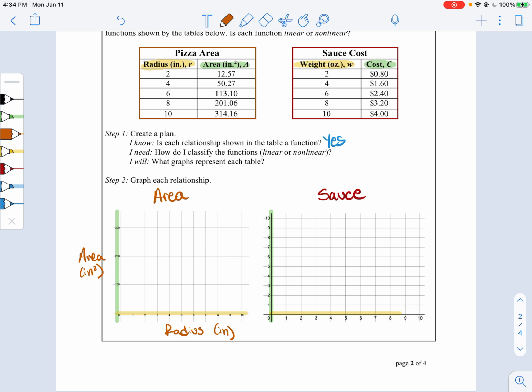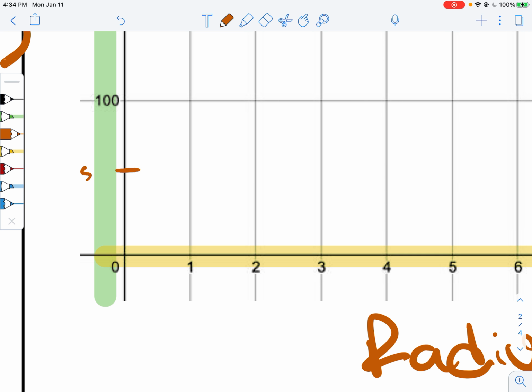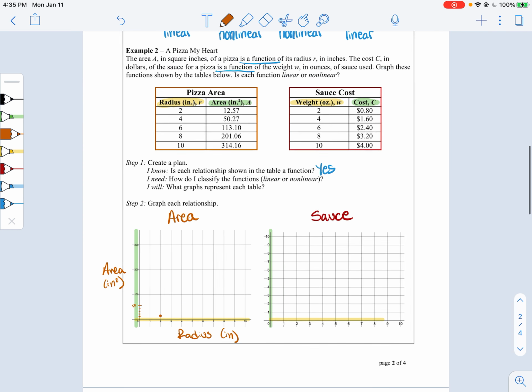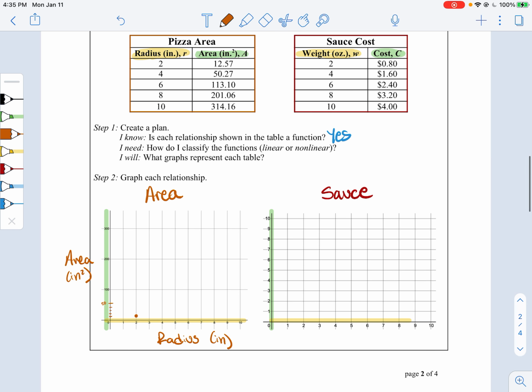All right, so when a pizza is 2 inches radius, its area is 12. So we go over 2, up 12. Okay, well, if that's like 50, 40, 30, 20, 10, I'll be like here. Right, 2 and 12, excellent.